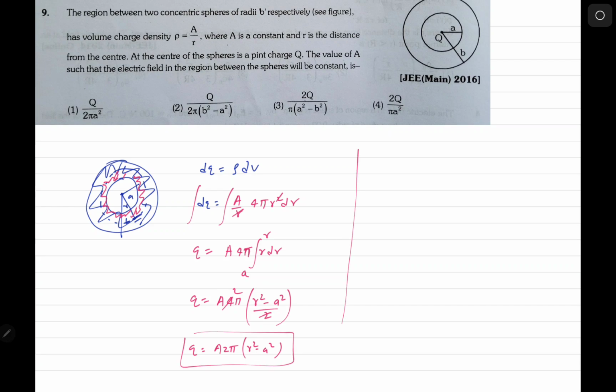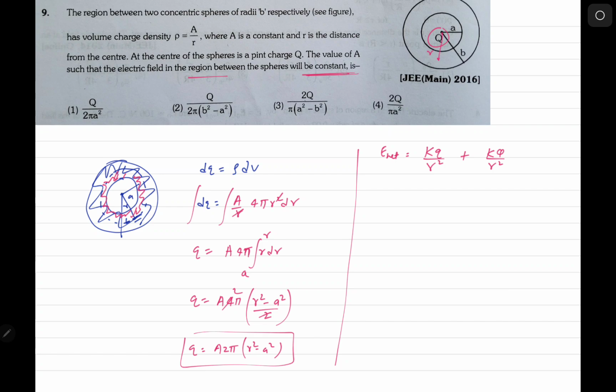Now we need to find the electric field. If you see the last line, it says the electric field in this region between the spheres will be constant, and there is an extra charge Q present at the center. Now we'll write the net electric field in the region. Due to this enclosed charge, the electric field on its surface will be k q by r square, and due to this extra charge, at r distance it will be k Q by r square.